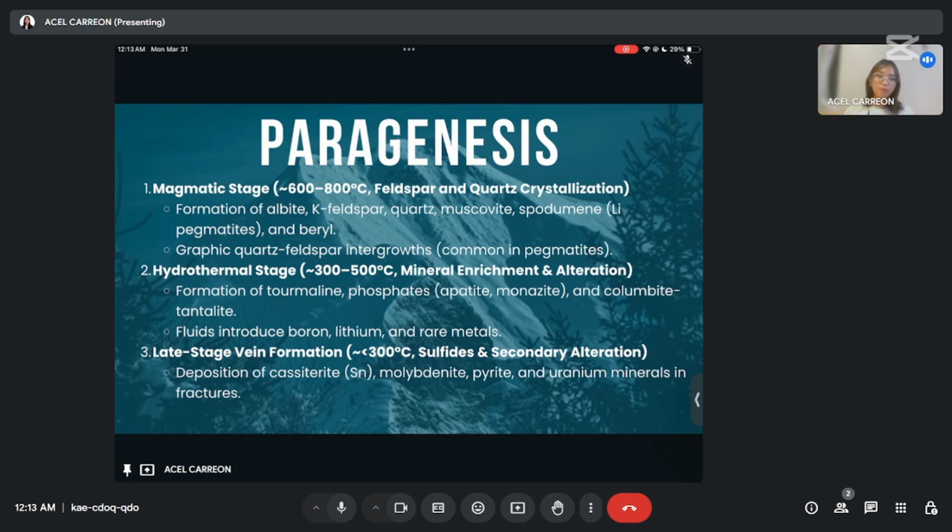Lastly, the late-stage formation occurs at less than 300 degrees Celsius, where the alteration of sulfides and secondary alteration occur, like the deposition of cassiterite, molybdenite, pyrite, and uranium minerals in fractures.